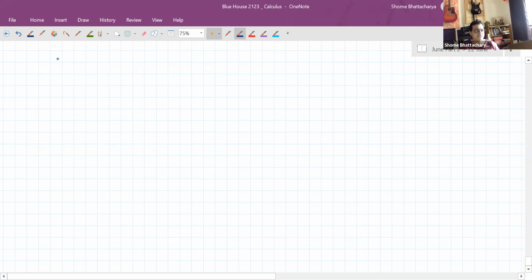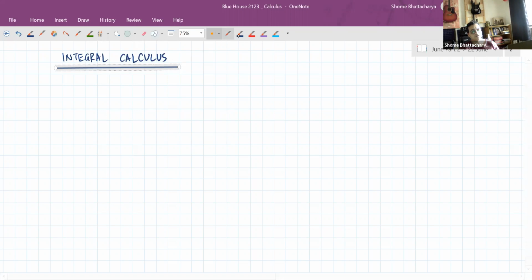But let us begin the second part of calculus, which is integral calculus. So this we will find much easier to understand because we are already familiar with one part of calculus. So there are two types of operations in integral calculus. The first type of operation is called indefinite integration.